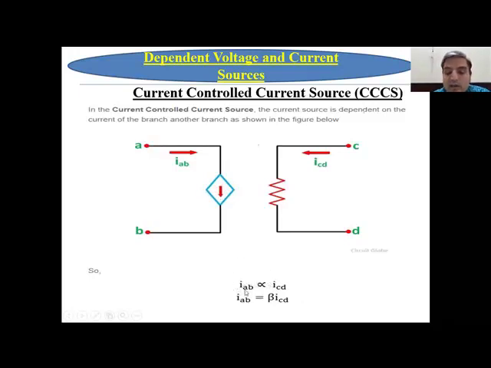The equation will be given that IAB is proportional to ICD, meaning this current source is depending on another current value, either across the terminal or across any component. So if we remove this proportionality sign, we will get IAB is equal to beta ICD. If you want to know the unit of beta, that will be given by simply dividing IAB by ICD. Both are amperes, so beta will be a unitless quantity.